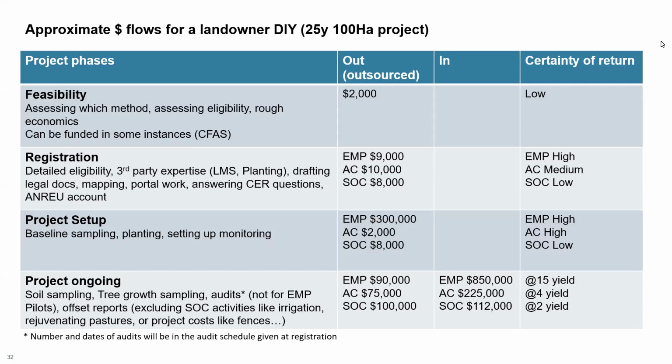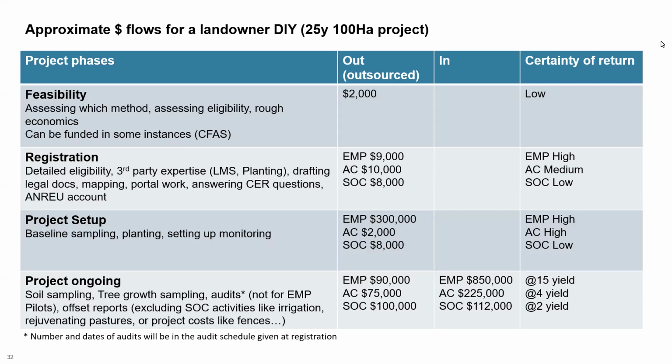All right. Okie dokie. Any question on that page? Just a quick qualifier on the soil carbon, 100,000, I assume sampling costs every up to 5 years, and the return on soil carbon is every 5 years.